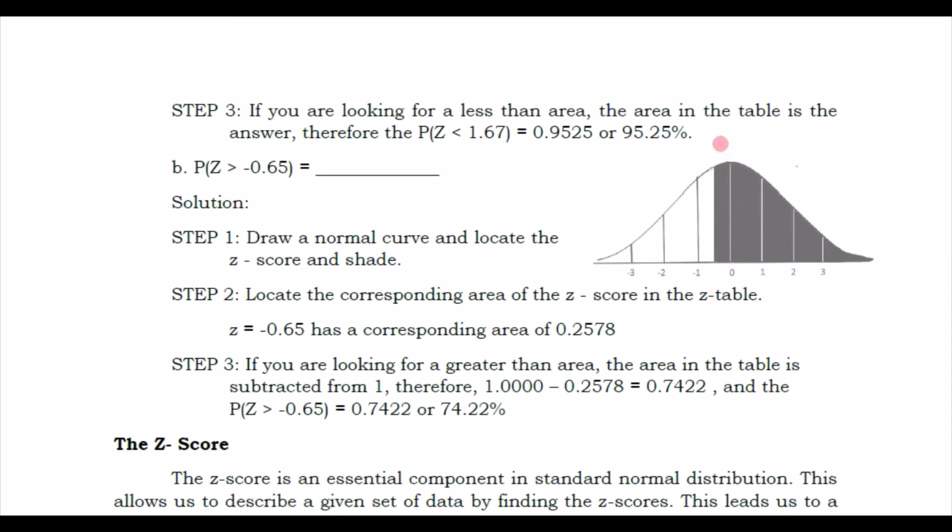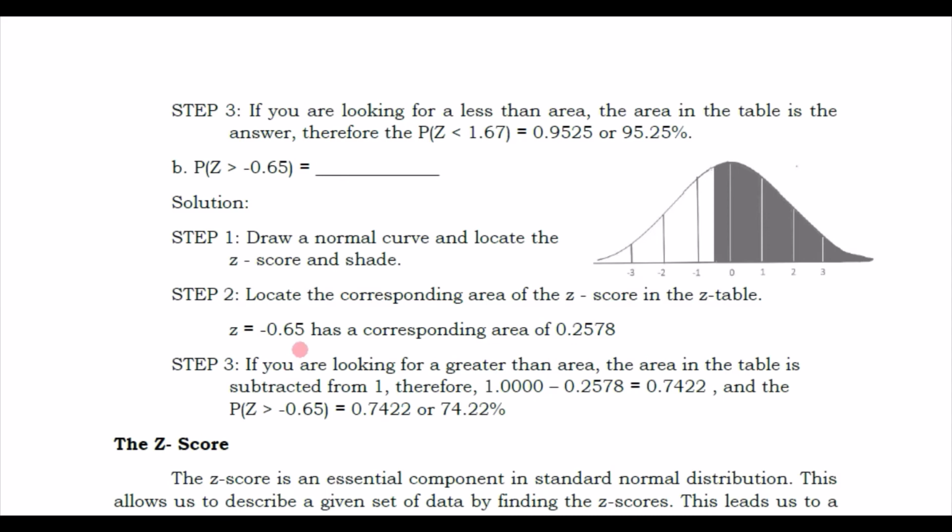Okay? So, para makita natin yung area na yan, ano yung gagawin? Okay? So, draw the normal curve. Locate the z-score. So, locate na natin. Locate the corresponding area of the z-score in the z table. Ano daw? Gaano daw kalaki yung area na yan? Okay? Sa z-score, binigyan tayo ng area that corresponds to negative 0.65.